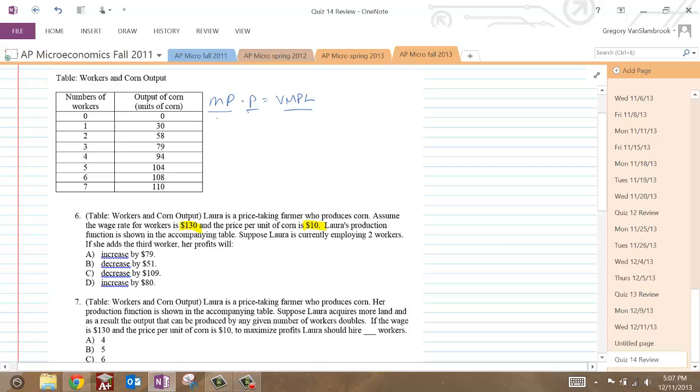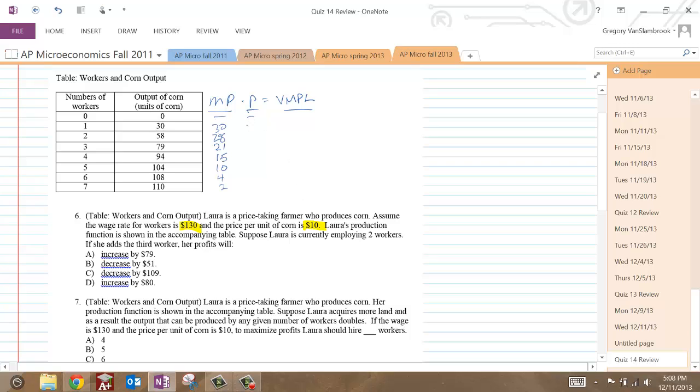So our marginal product we take just by finding the change in output of corn for each additional worker. It's 30, 28, 21, 15, 10, 4, and 2. We multiply each of those by the price of the good, which, as we see down here, is $10.